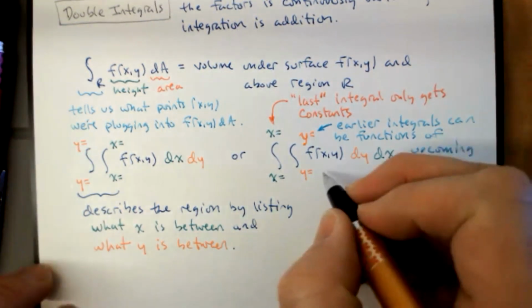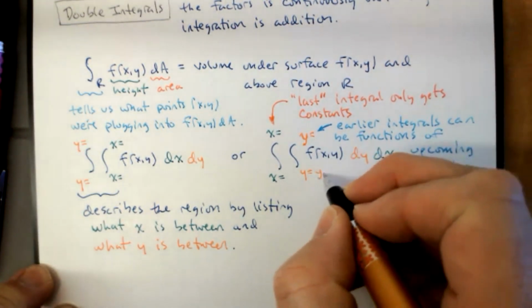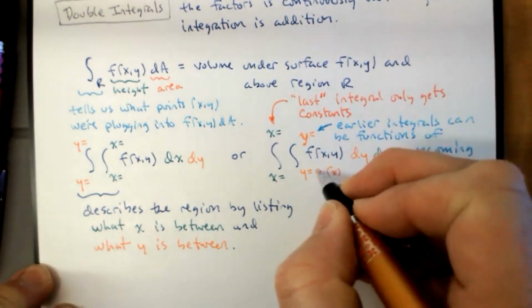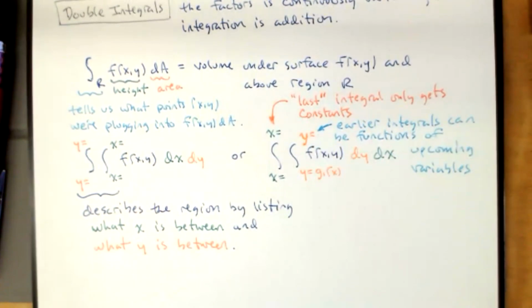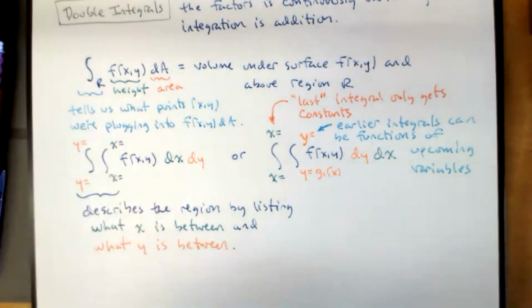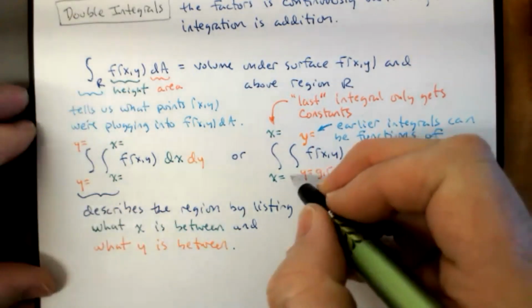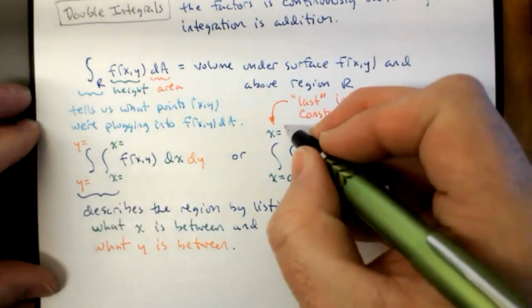So y could start off with some function of x and go up to g2 of x. I can put functions of upcoming variables in the early integrals. But the last integral only gets to use constants. So if I have x as the last integral, I have to go between constants, x equals a to x equals b.